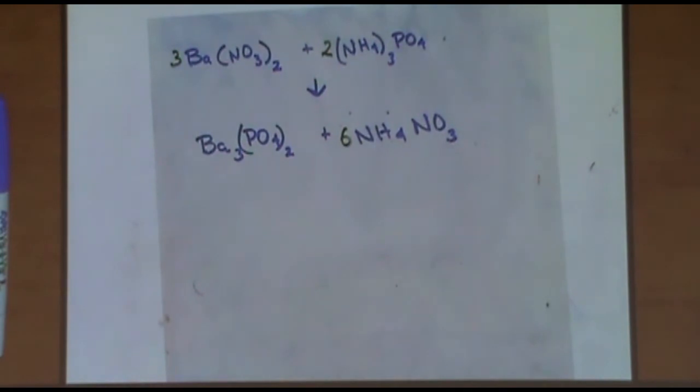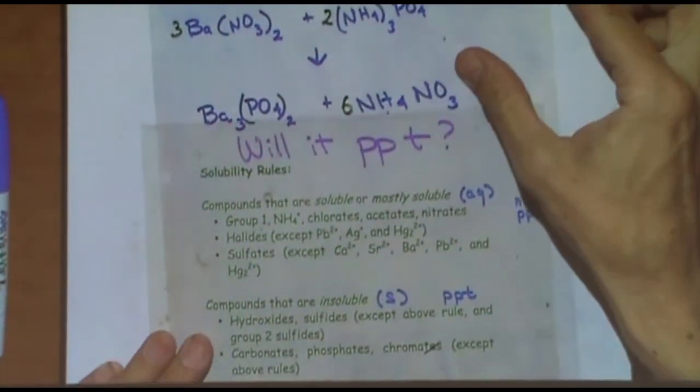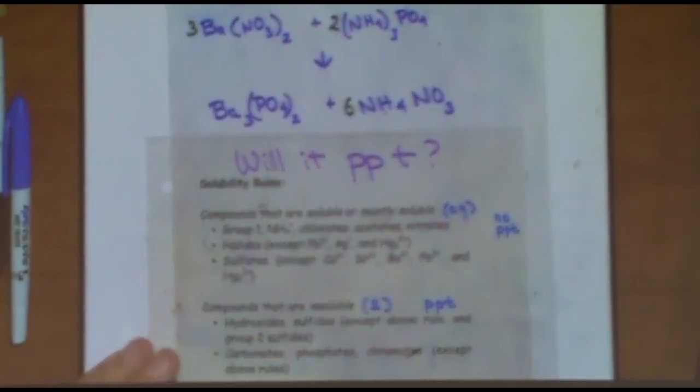So state symbols, so get your solubility rules. I think all the classes, not just mine, will give you the solubility rules on the test, so it's not something you need to remember. Here's my version of it.